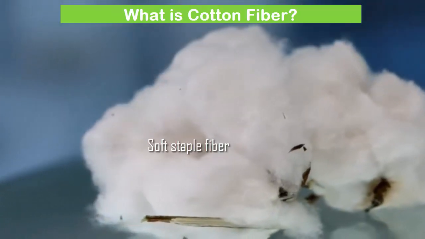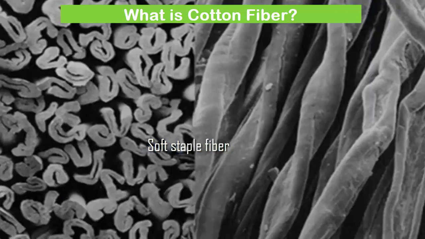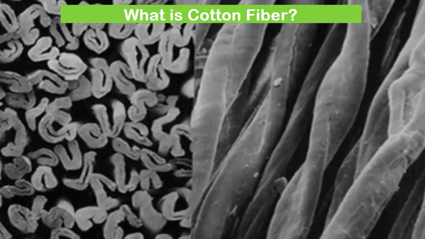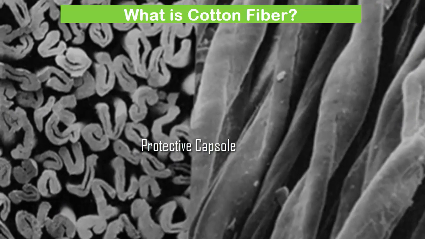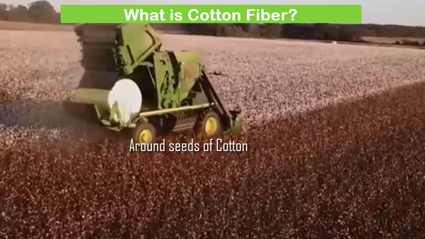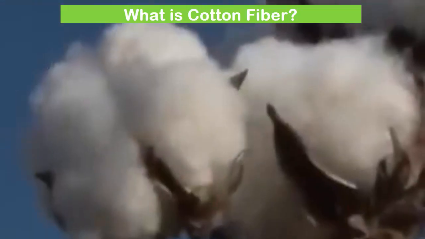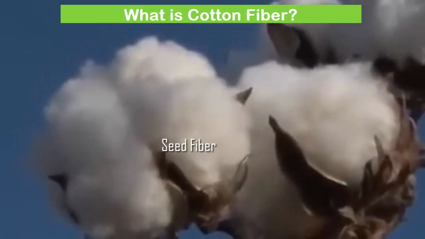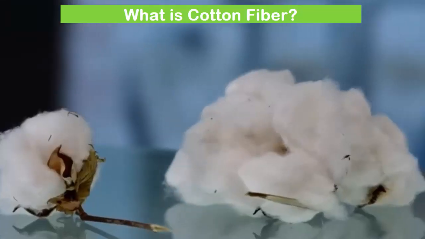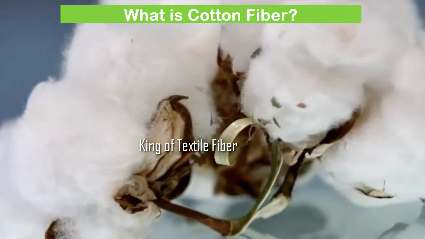Cotton is a soft, staple fiber that grows in a protective capsule known as boll around the seeds of the cotton plant. It is a seed fiber. Cotton is called the king of the textile fibers.